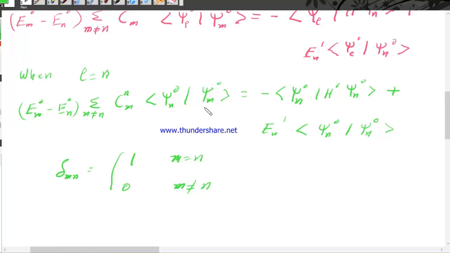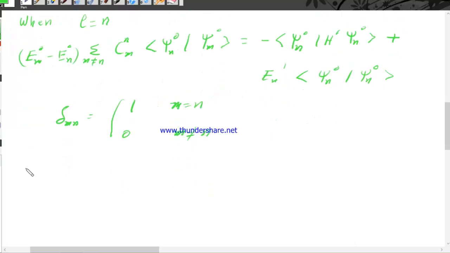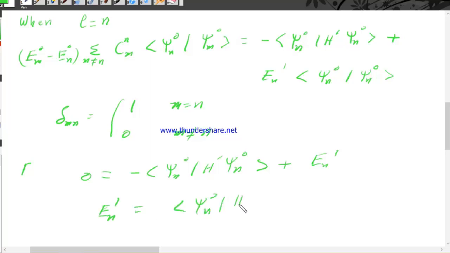Here m is not equal to n, so this term becomes 0, as a whole 0 is equal to 0, and then minus ⟨ψn⁰|H'|ψn⁰⟩ plus En¹. This term is 1. So then En¹ is equal to ⟨ψn⁰|H'|ψn⁰⟩, and this is the first order energy correction.